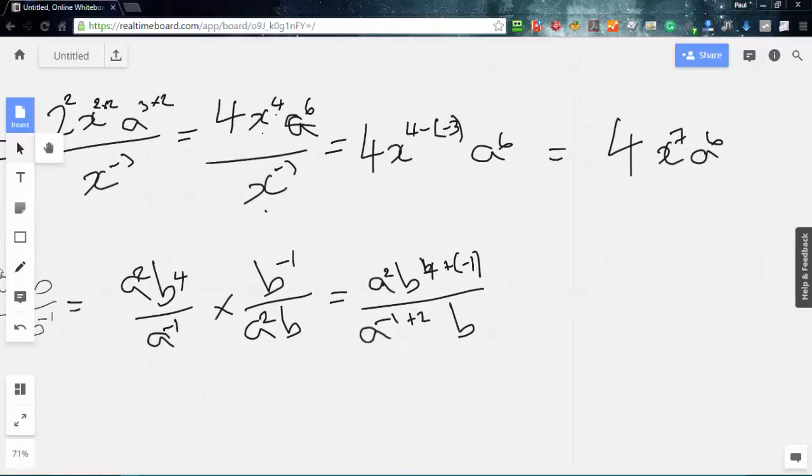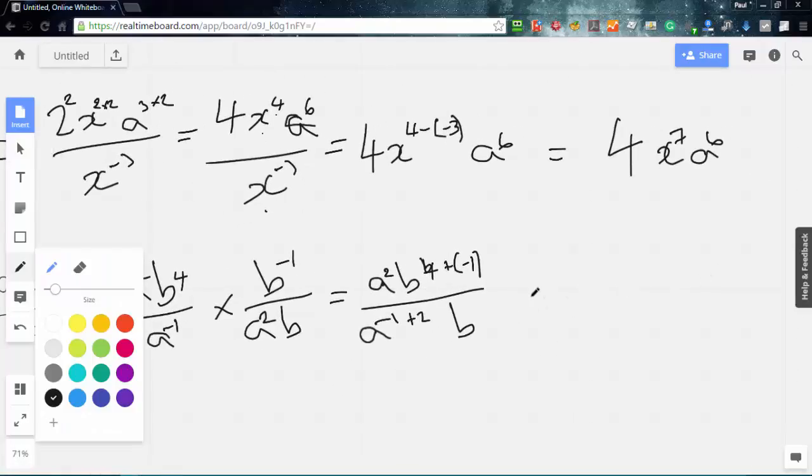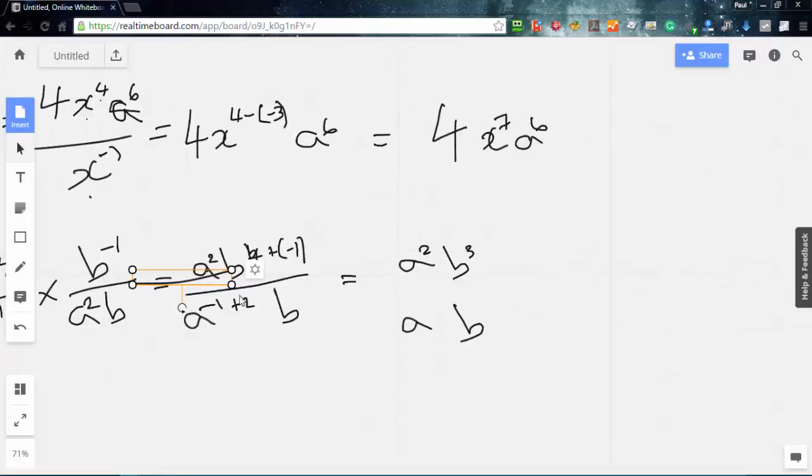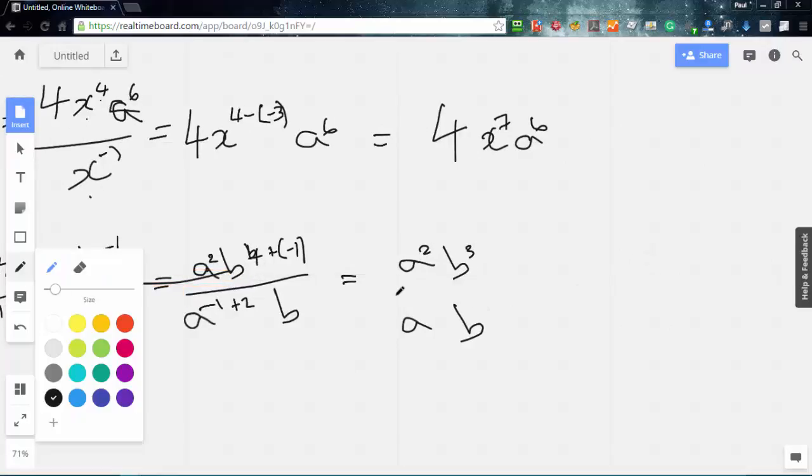Scroll this way a little bit. So that becomes a squared b to the 4 plus minus 1, which is 3, all over a to the minus 1 plus 2, which is a, and just b on its own. And remember, I've got a's and b's top and bottom. So what I can do with this one is put that line back in there.